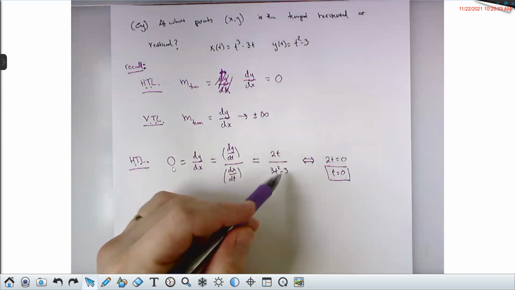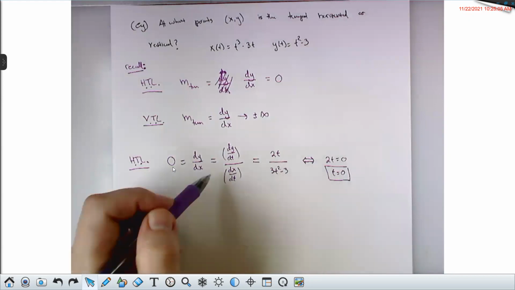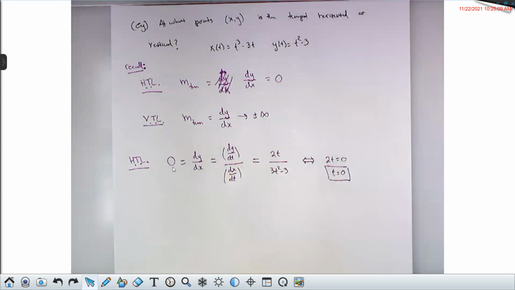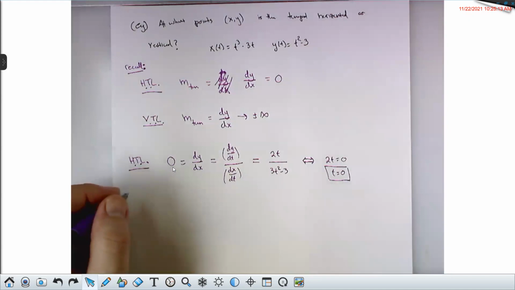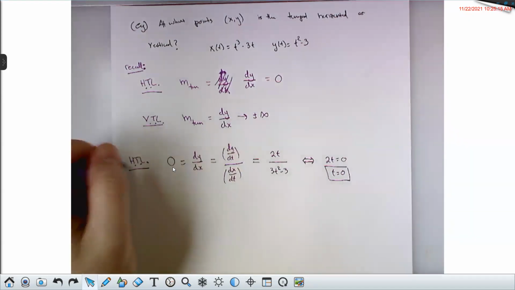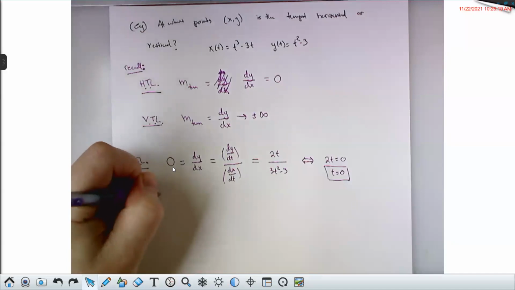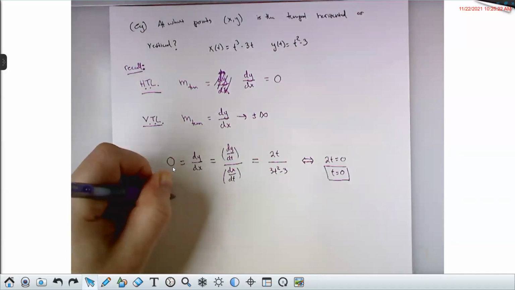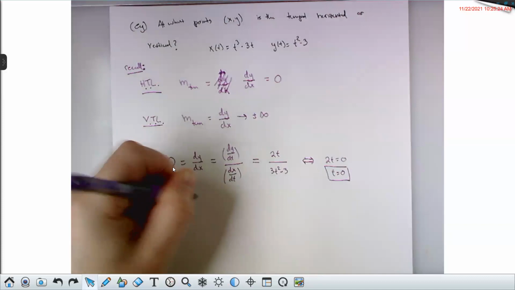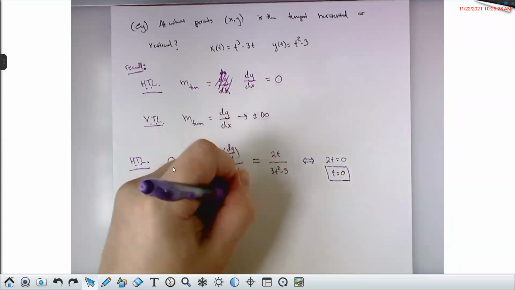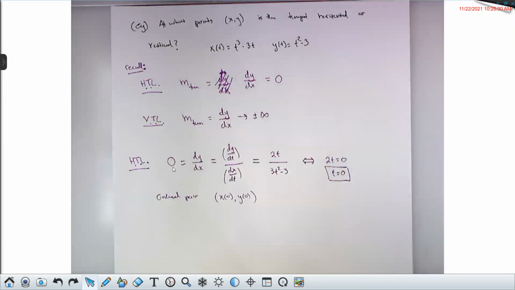If the bottom was also 0 there, then you would investigate using a limit, using L'Hopital's rule or some other algebra trick. But here there is none of that. So our horizontal tangent lines only occur when t is equal to 0, and the ordered pair there is going to be the point on the curve, which is x of 0 comma y of 0.